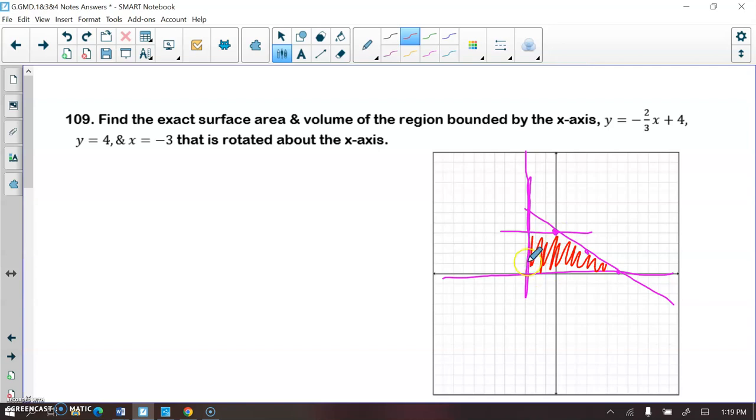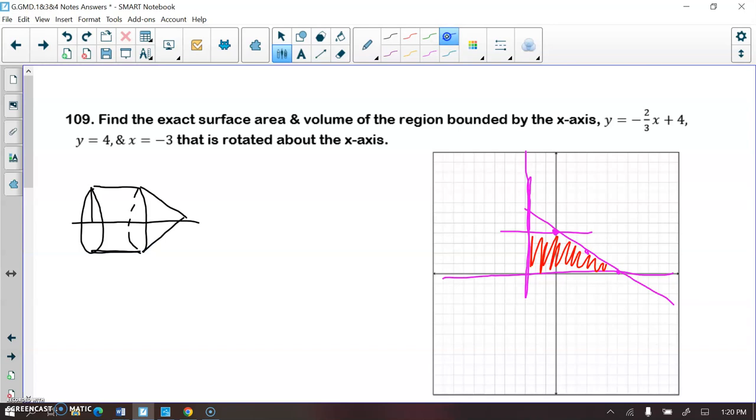We're rotating about the x-axis. So what that means is I'm rotating it like this. So I have a cone and a cylinder that's connected.